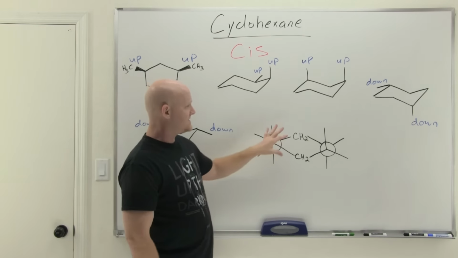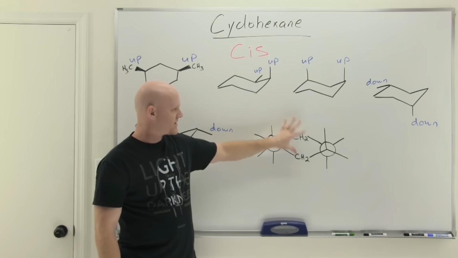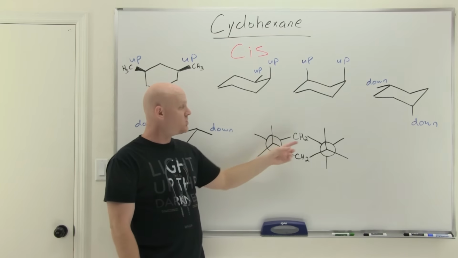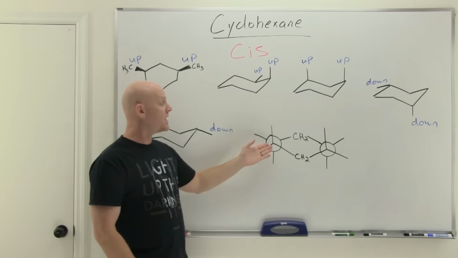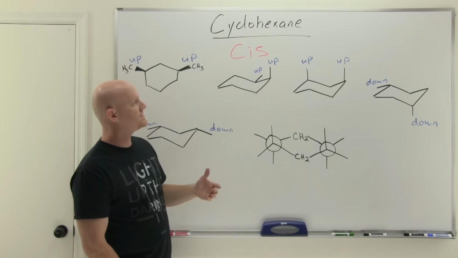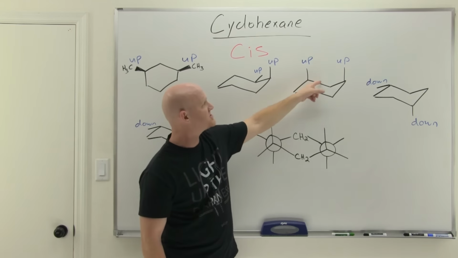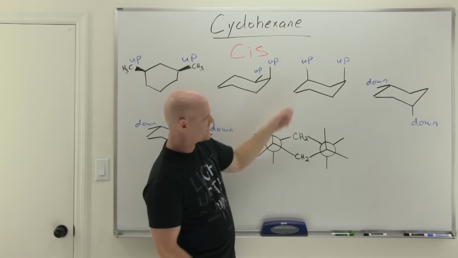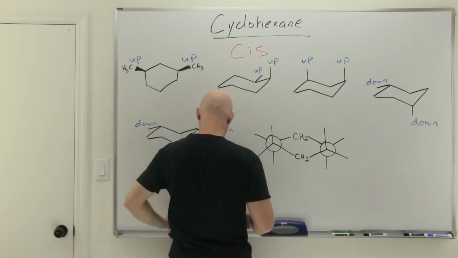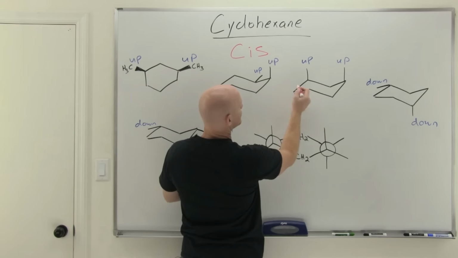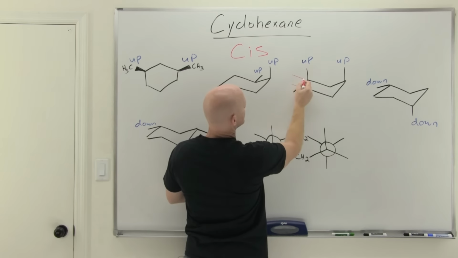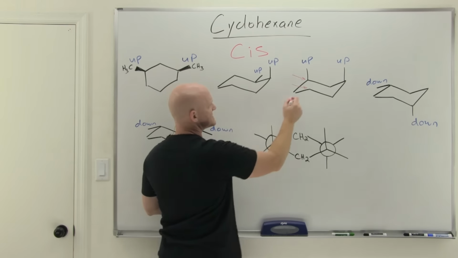Now, one of the other ways we can take a look at the chair conformation of cyclohexane is with a Newman projection. I like to call it a double Newman projection. It turns out you can look down the two arms of the chair at the same time. Let's say we looked right down this arm of the chair and this arm of the chair at the same time.